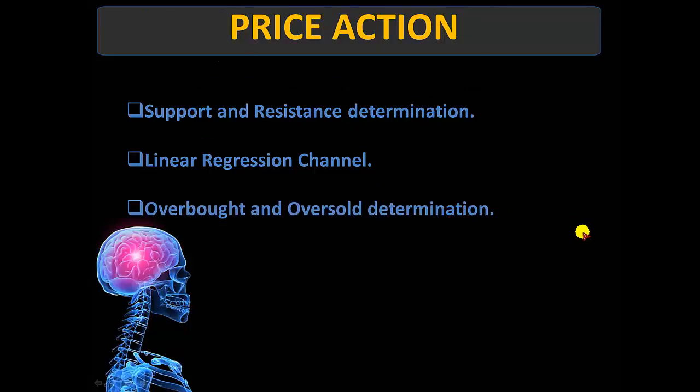Now, overbought and oversold are not part of price action, but that's part of the triangle trend package of indicators. I think we can agree that overbought and oversold are relative terms. An equity never becomes absolutely overbought or absolutely oversold.